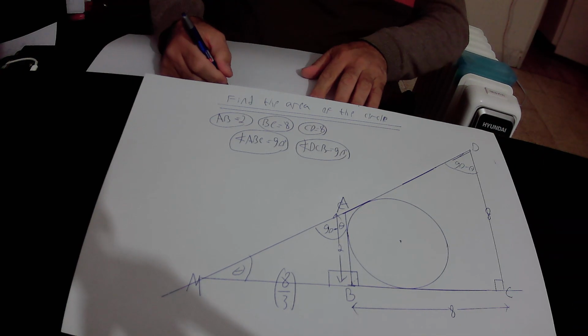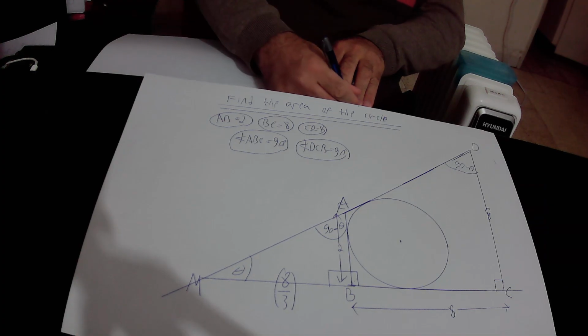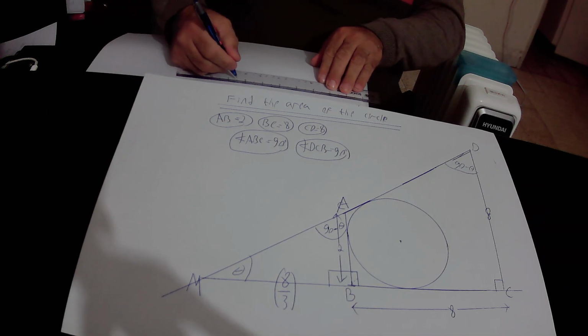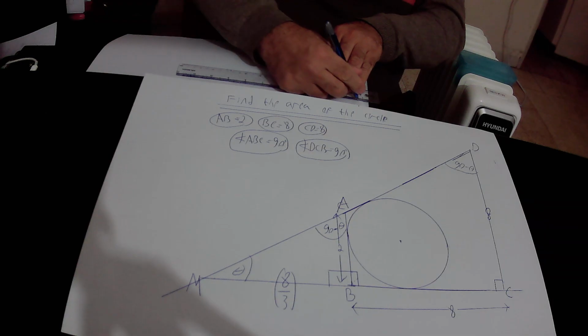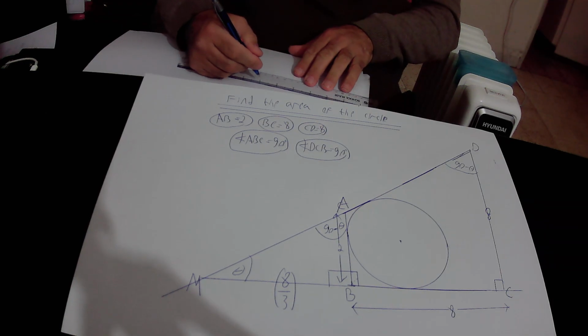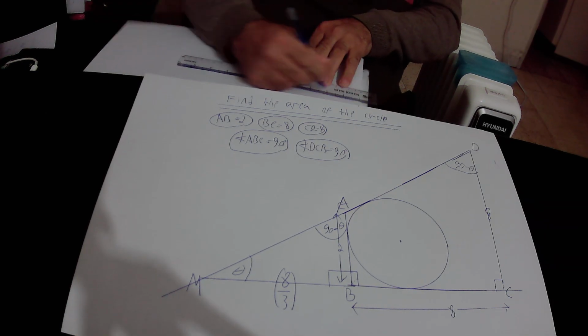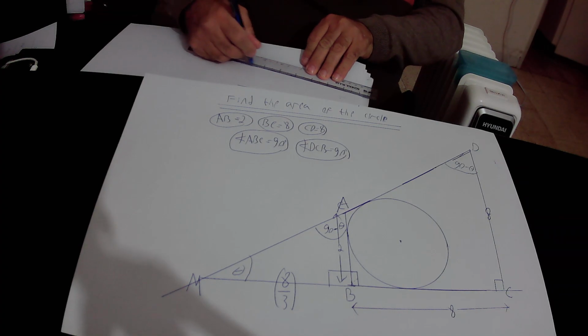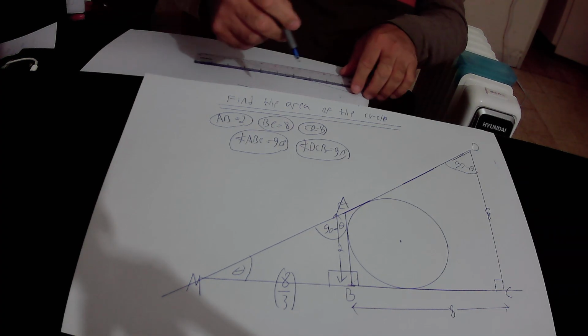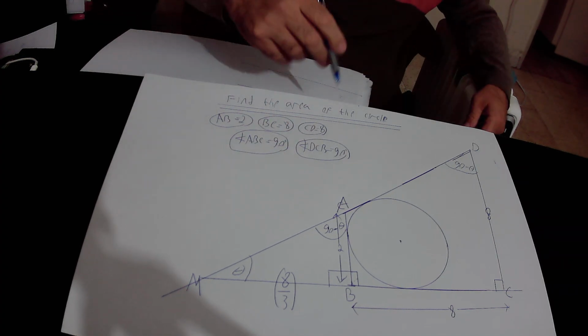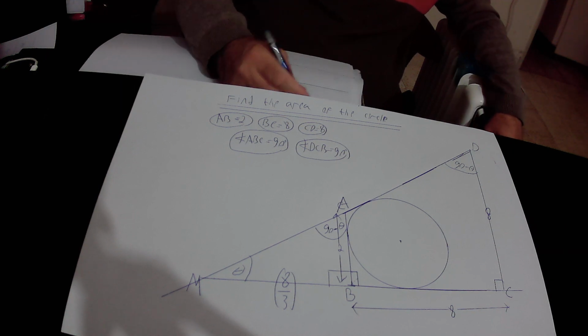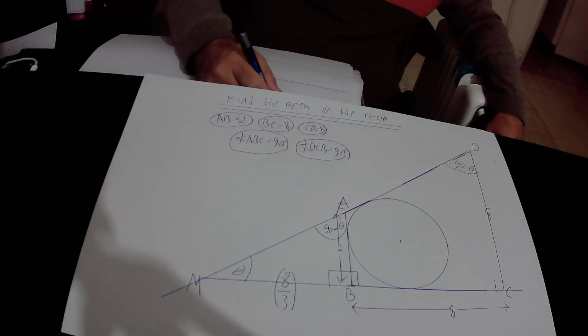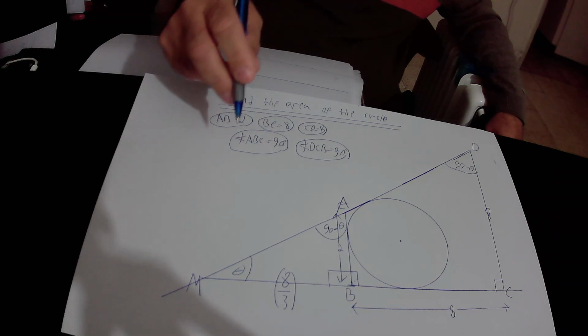According to the Pythagoras theorem, in any right triangle, the square of the hypotenuse equals to the sum of the squares of the perpendiculars. The hypotenuse in the right triangle AMB is AM, therefore the square of the hypotenuse is AM squared, must be equal to AB squared plus MB squared.